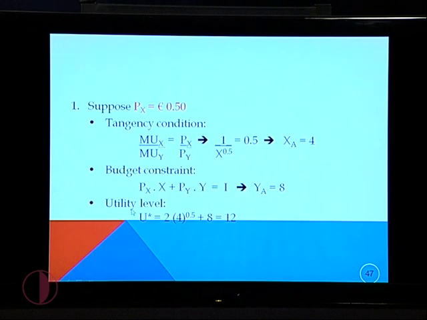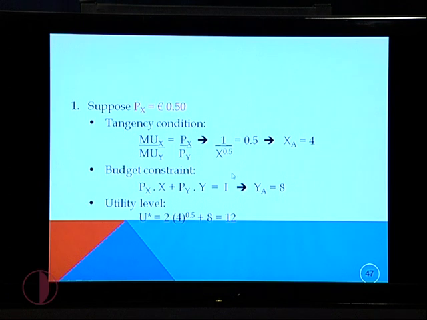Then calculating the utility level, we put it into the equation 2√x + y, which is of course 12. Then y is 8, x is 4, and income is given in the first example.